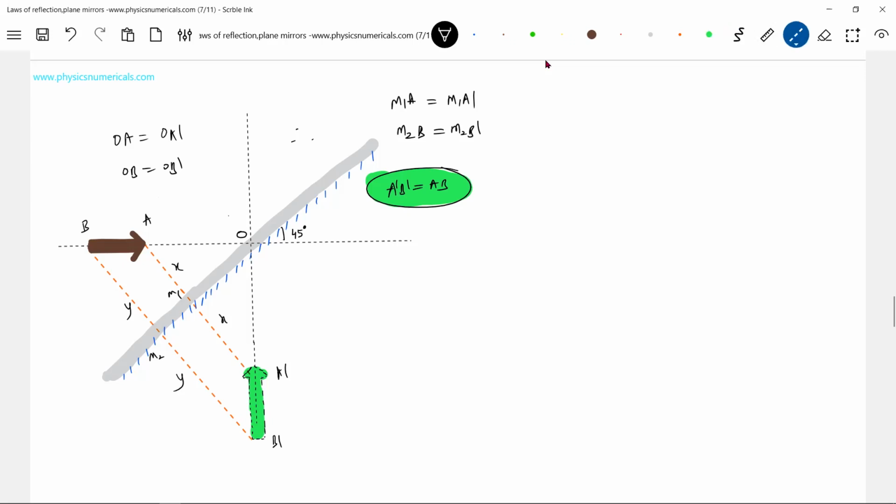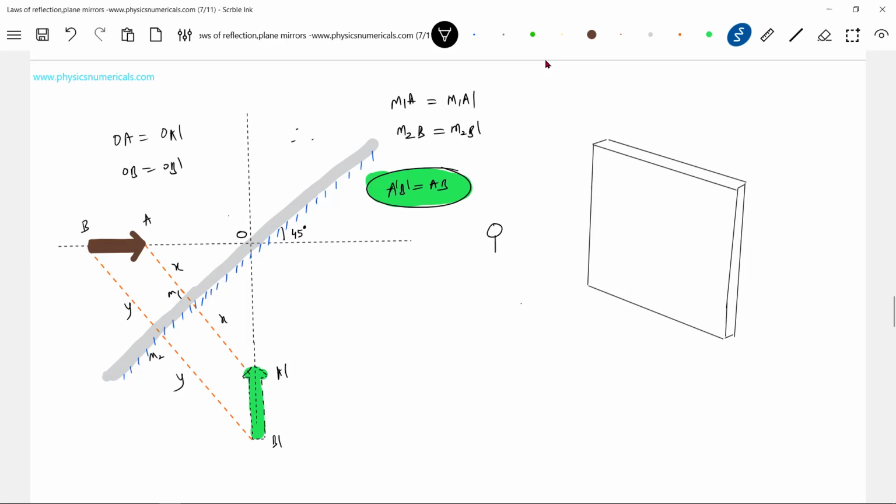How to justify that lateral inversion? Suppose there's a plane mirror, and a person standing in front of it.